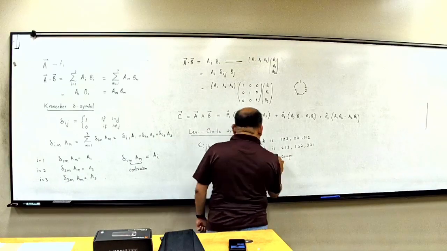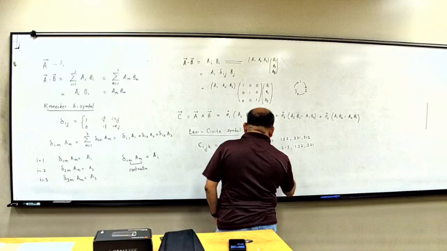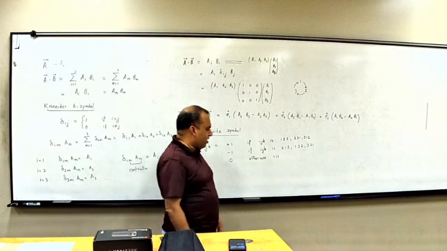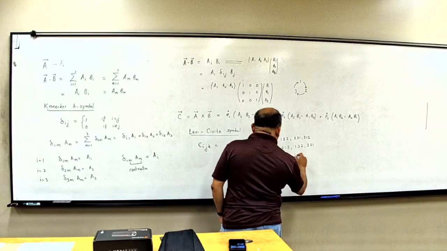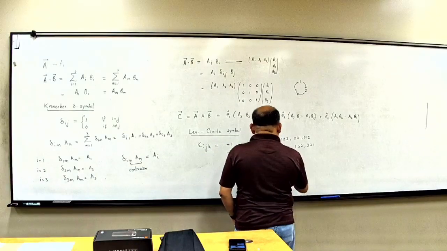Yeah, I can list them, right? Why not? So list all of them. 1, 1, 1, it's 0. Notice whenever they repeat, that's 0. So it is 1, 1, 1, 1, 1, 2, 1, 1, 3. And now I start again.